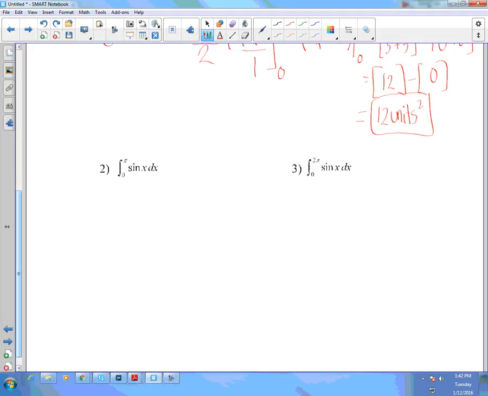It has to be negative cosine, because when you take the derivative of negative cosine, you get positive sine. So our capital F, our antiderivative, is negative cosine x, evaluated from what goes on top and what goes on bottom.